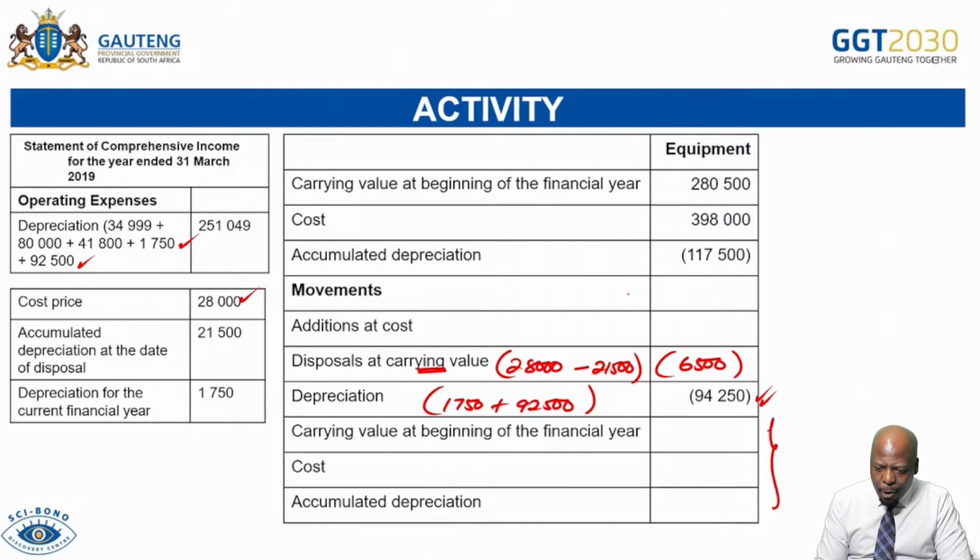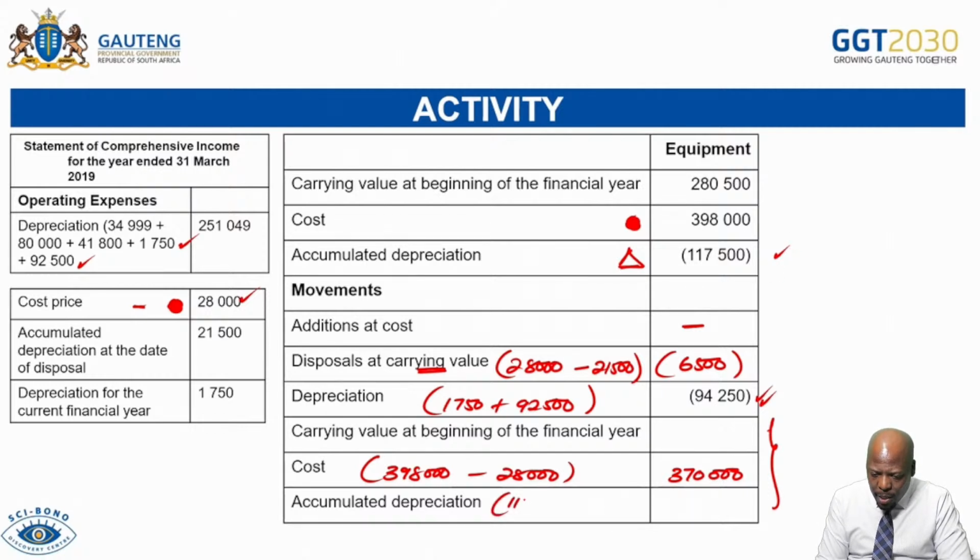All right. So remember what we did earlier on. Here there was no addition. So we'd say again, cost at the beginning minus your disposal. So you subtract your disposal. That will give your cost at the end. In other words, you're coming to say 398,000 minus your 28,000 over there. That is going to give you 370,000. And to get your accumulated depreciation, it's going to be very interesting again. You're going to say your accumulated depreciation at the beginning, 117,500.